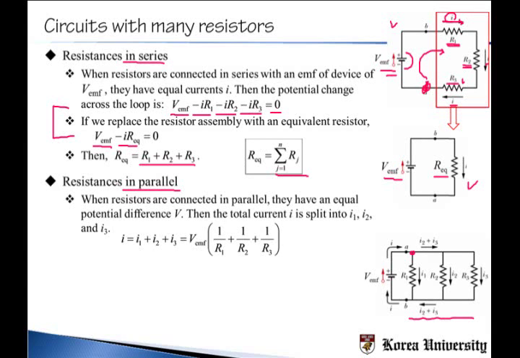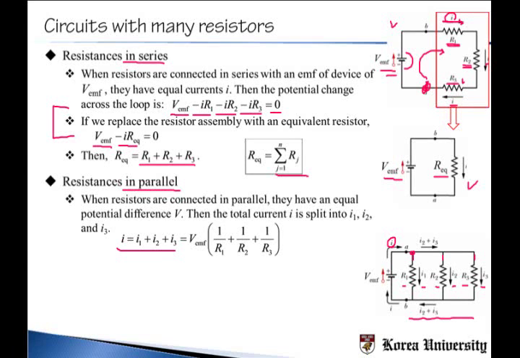So again, let's say the original current was I, and then it's branching out to 3 different routes, going through R1, R2, R3 respectively. Let's call the currents I1, I2, I3 respectively, which may be different from each other, but what we know is that now I is equal to I1 plus I2 plus I3. Okay, that's how the current rule is applied.